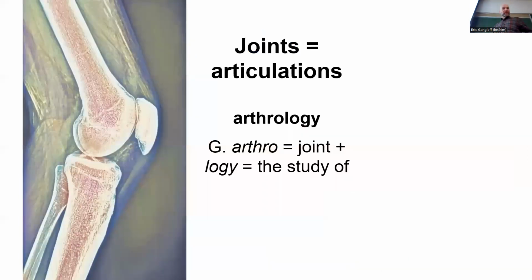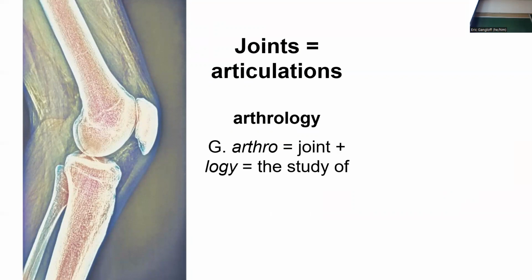Cool. Well, with that in mind, let's start talking about some of these joints. Joints are also referred to as articulations. Those words are synonymous. And we can call this arthrology if we really want to get technical and talk about the study of joints. Here you have a nice view of a knee from the medial side.